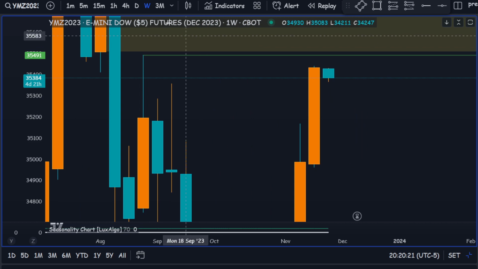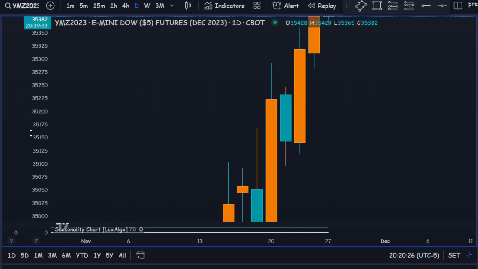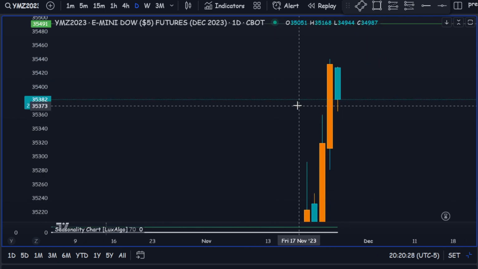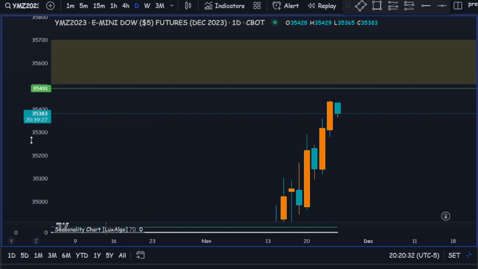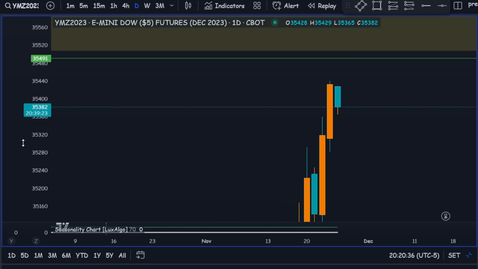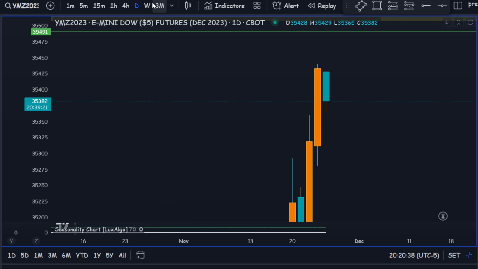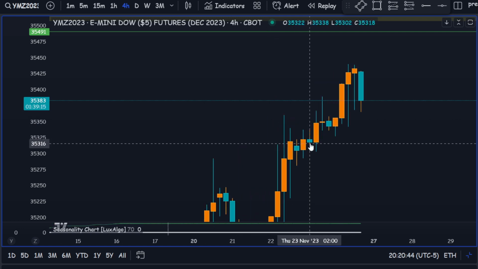So, let's see where else. So the Dow is kind of advanced. The Dow is kind of far along. What is this? That looks like a place for the 4 hour.